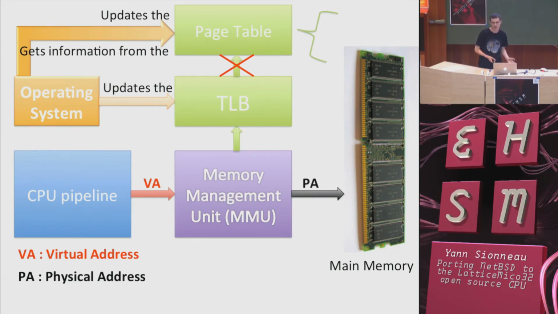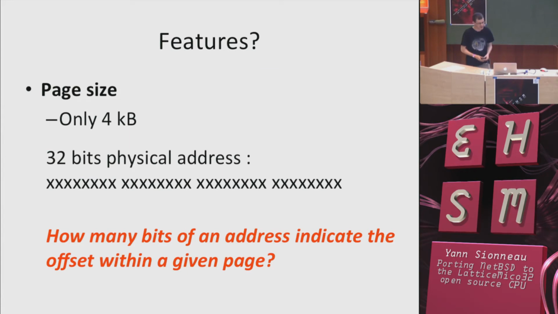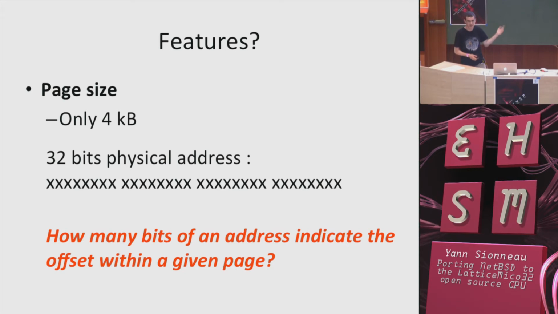Okay. Now that we know a bit how the MMU is going to work, let's talk about the features. The page size. This MMU only supports 4 kilobytes pages. So, one question now. I've put a little bit of a physical address here. The X's are just for the 1 or 0 of the binary.